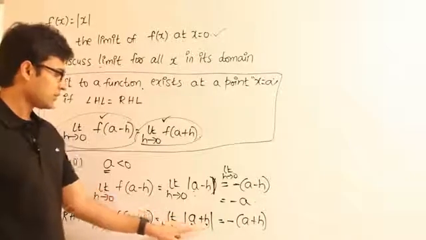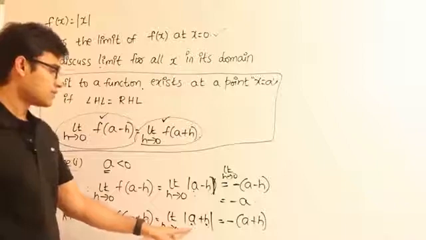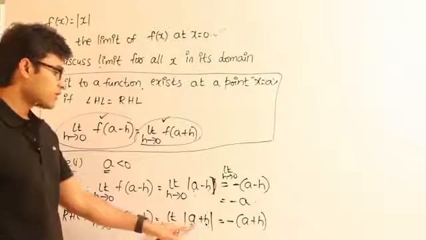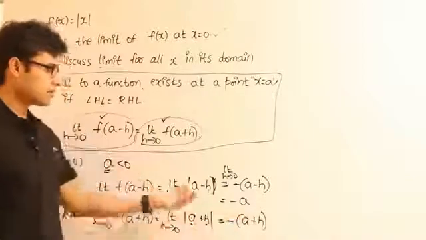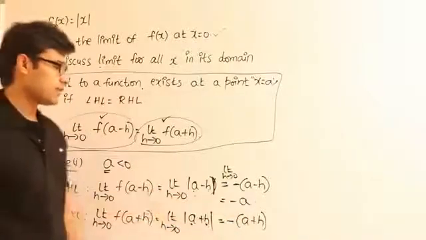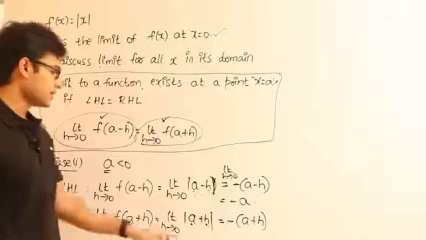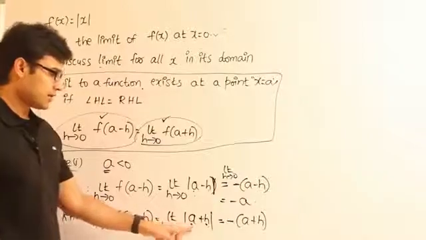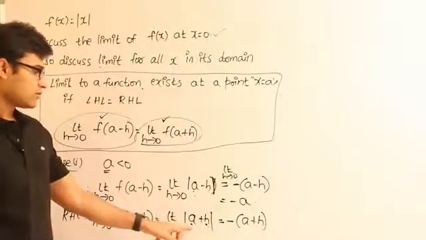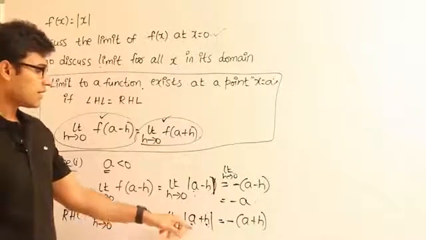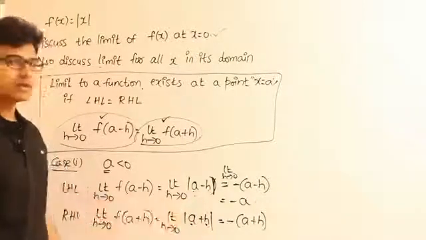In case it is also a very small negative number, then also in the worst case this entire value will become 0. Therefore minus of 0 is 0, so we can write it like that. In all the other cases, if a is a big negative number and h is a very small number, we get the entire result as negative, right?